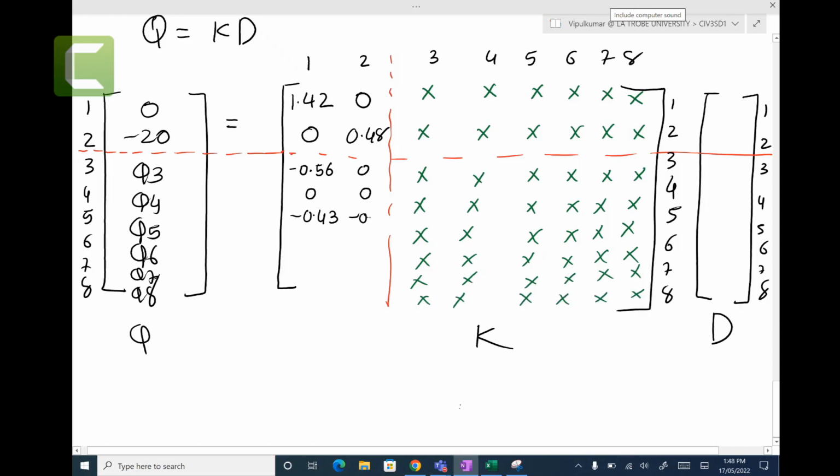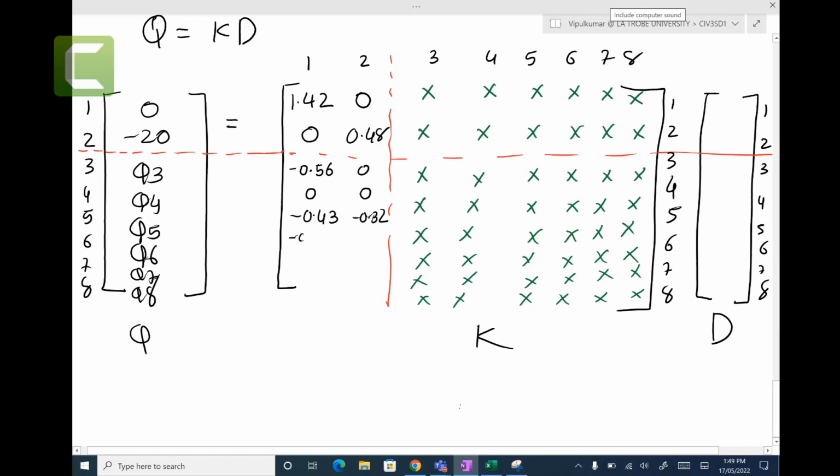Negative here as well, 0.43. Here, 0, 0, 0.32.